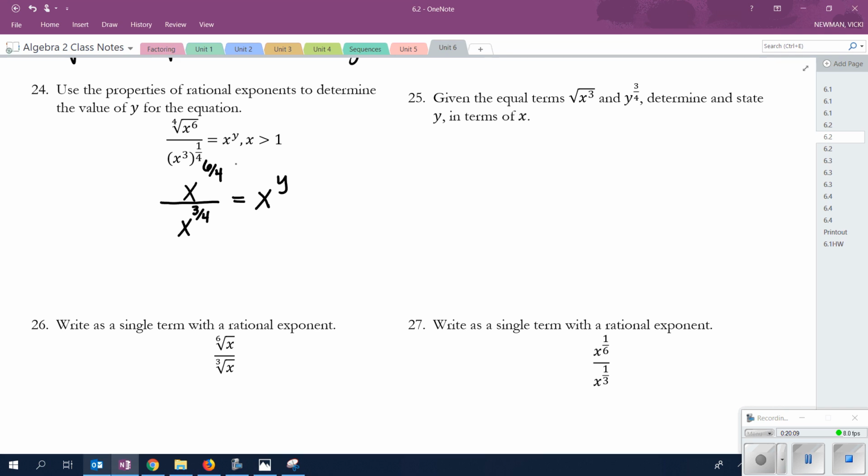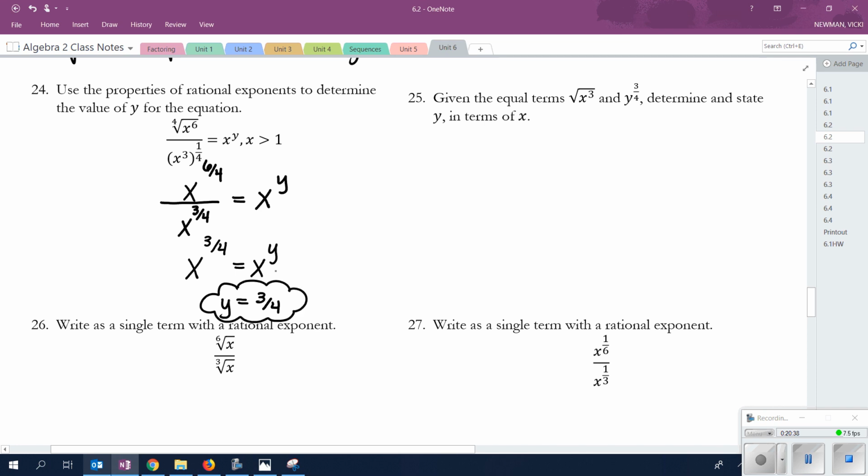What are you going to do with them now? Subtract them. 6 over 4 minus 3 over 4 is 3 over 4. The question asks you to determine the value of y. What's y equal to? 3/4. This is the only time I allow the diagonal fractions. Yeah? Okay.